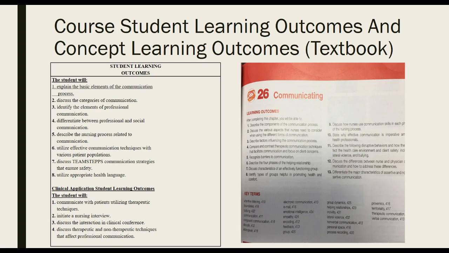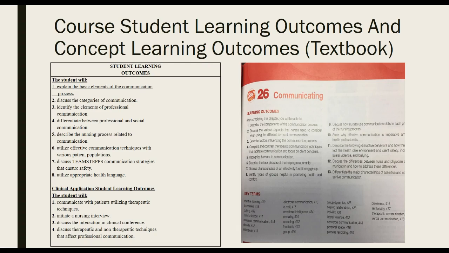You'll see that you have 3 components of that. You have what is known as verbal communication, nonverbal communication, and electronic communication. Those are your modes of communication. So it's asking you to discuss the categories. You need to know what they are and find out what some of those bold words are in there that you need to become familiar with.